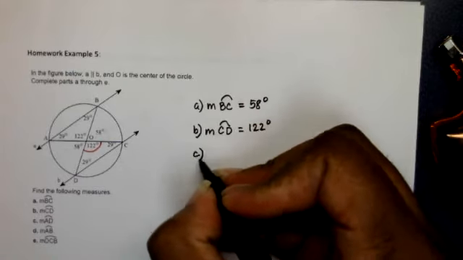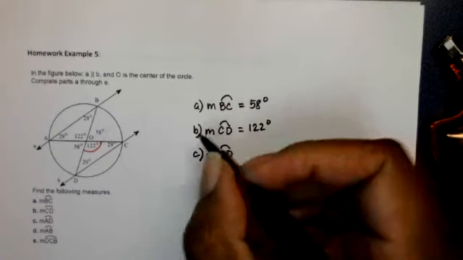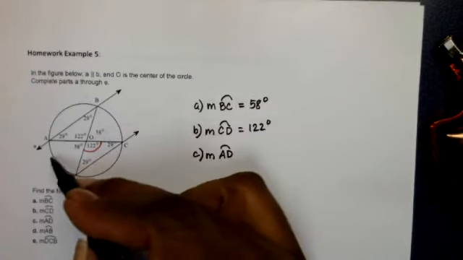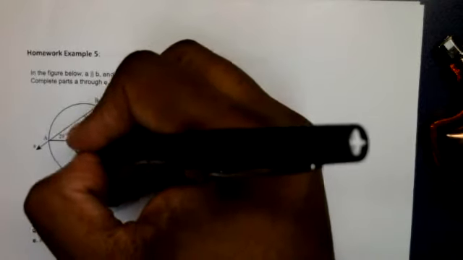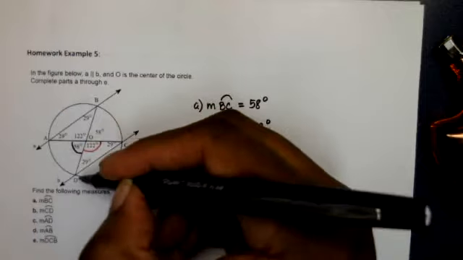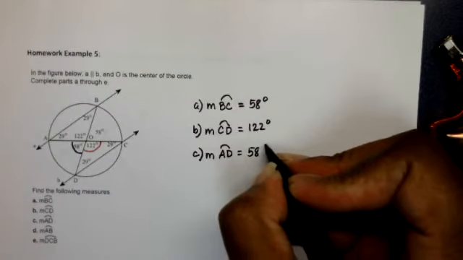Now part C, the measure of arc AD. Well, let's see, AD is right here. And that angle measure there is 58 degrees. So that means arc AD must also be 58 degrees.